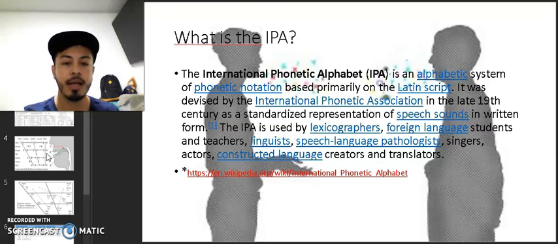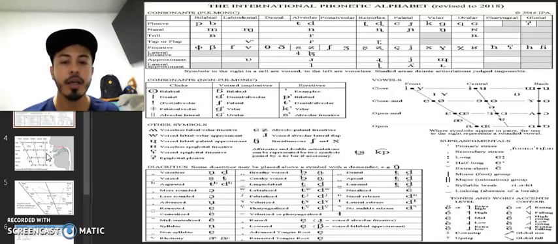Alright, so let's continue. Here, this is the complete list of symbols in the IPA. Because of course it's not only used in English or Spanish, but it's also used around the globe and with all the languages.